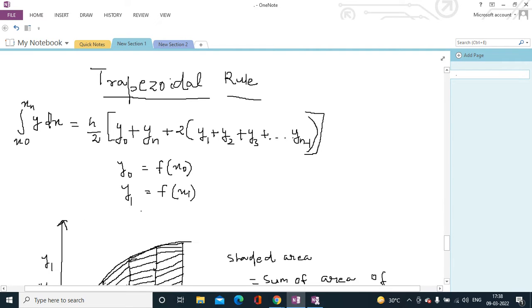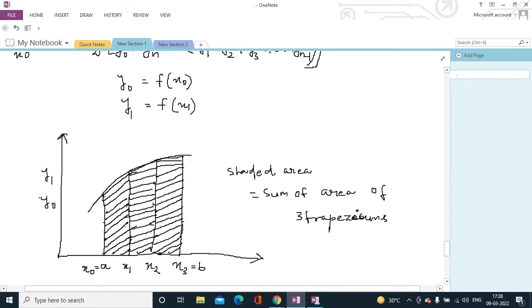So let's come to the geometrical significance of the trapezoidal rule. Here this is a curve, and we say this is y equal to f of x.